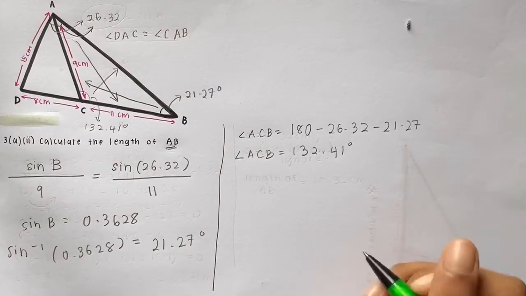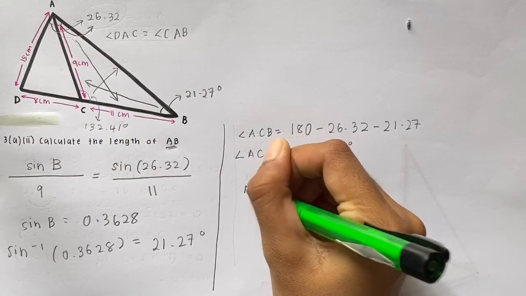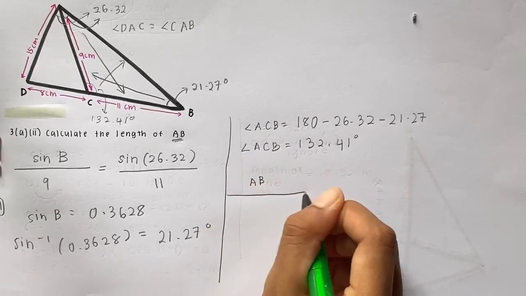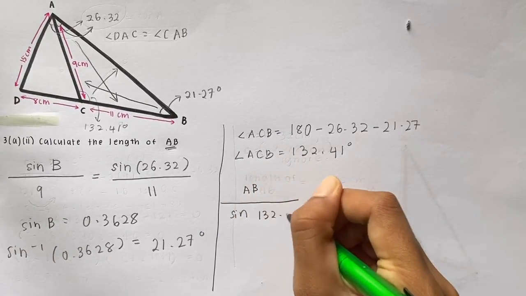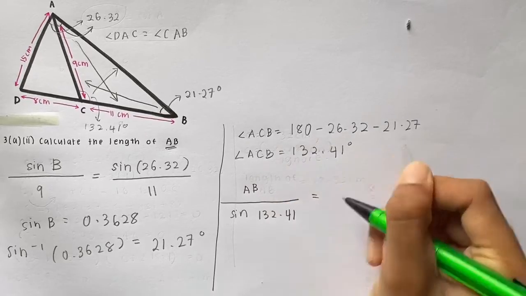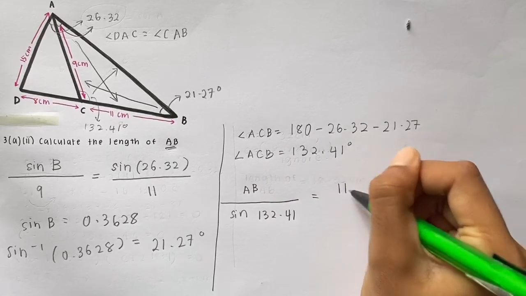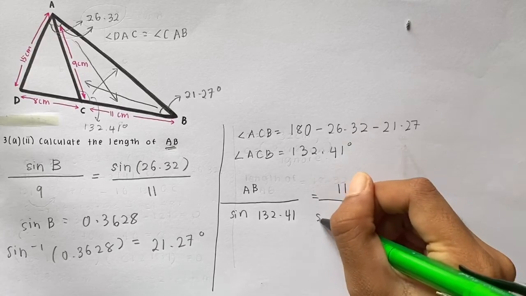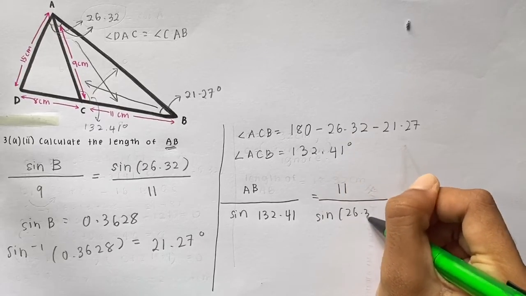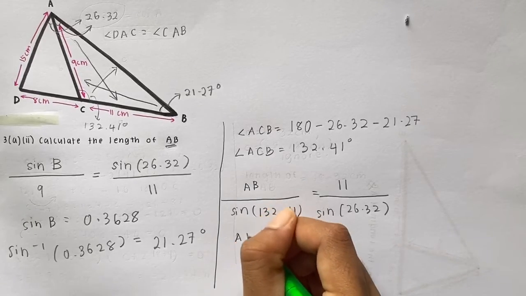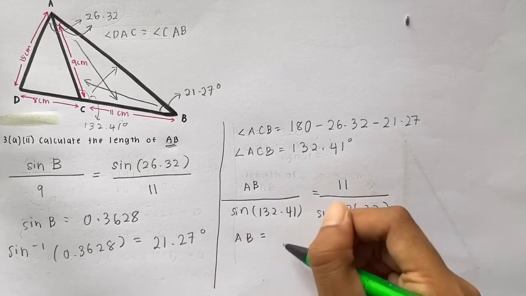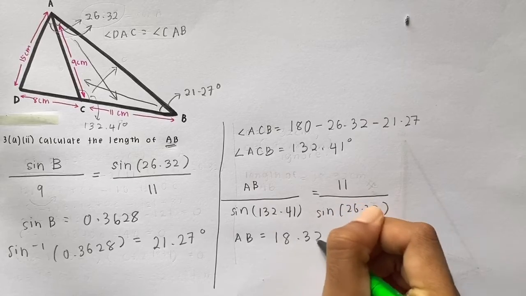Lastly, find the length of AB by using sine rule. AB over sin 132.41 equals to 11 over sin 26.32. So the answer is 18.32 centimeter.